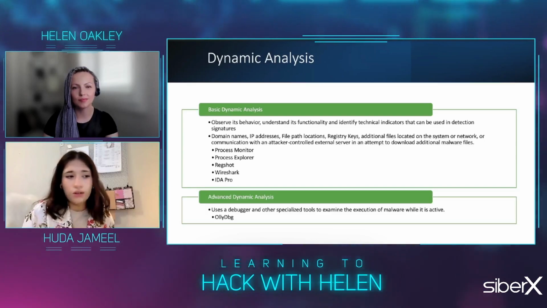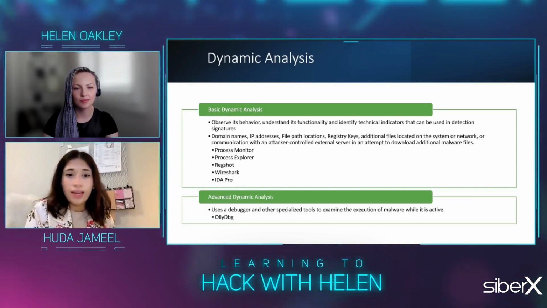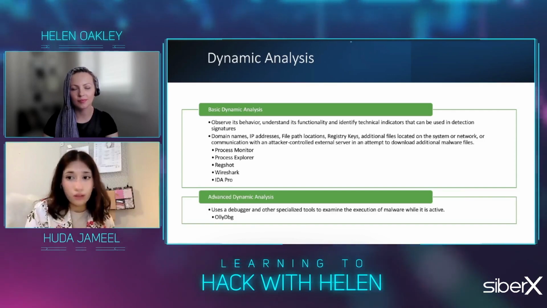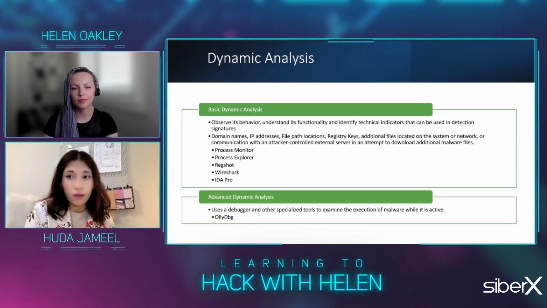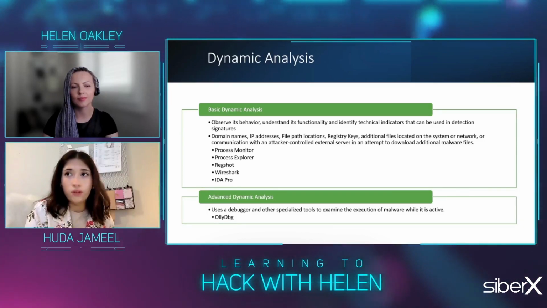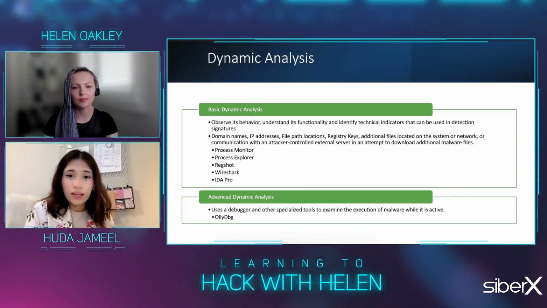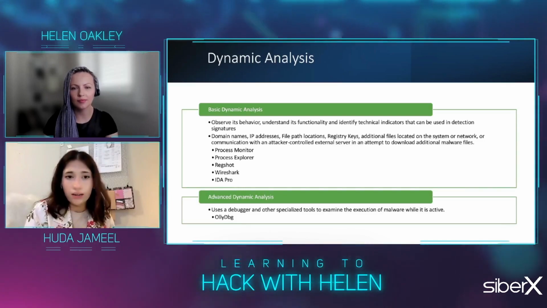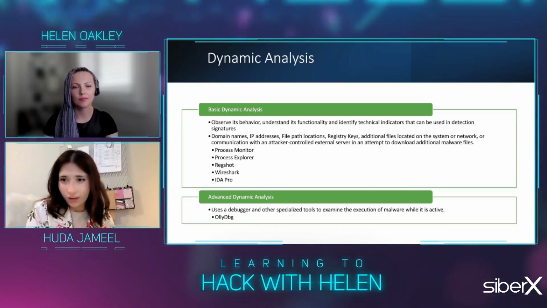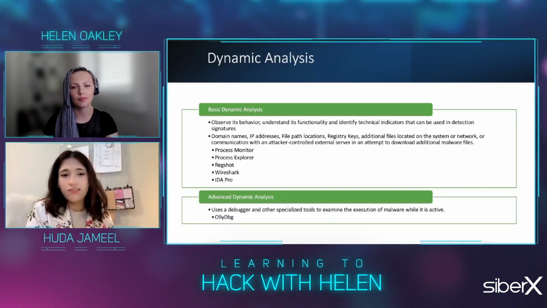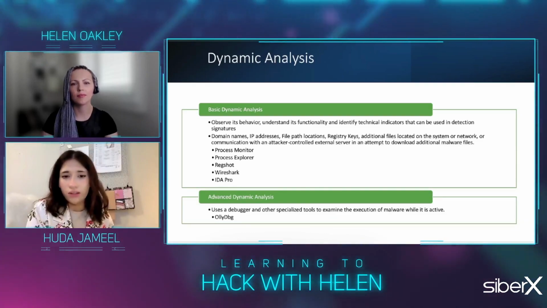For instance, we would look for domain names, IP addresses, and file path locations as well. When the malware runs, we need to see which file path it's directing towards. We need to understand where it lands its malicious file, so we can remove or discard the malicious file.